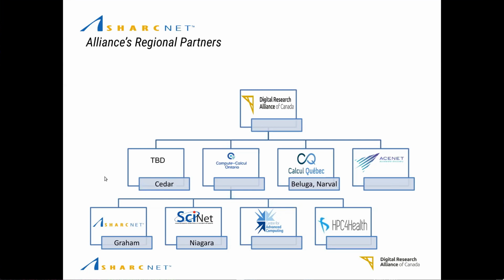Across the country, there are four consortia: the West, Compute Ontario, Calcul Québec, and AceNet. Within Compute Ontario, there are four organizations: SharkNet, SciNet, the Centre for Advanced Computing, and HPC4Health, which covers the hospitals and the research institutions in the Greater Toronto Area.